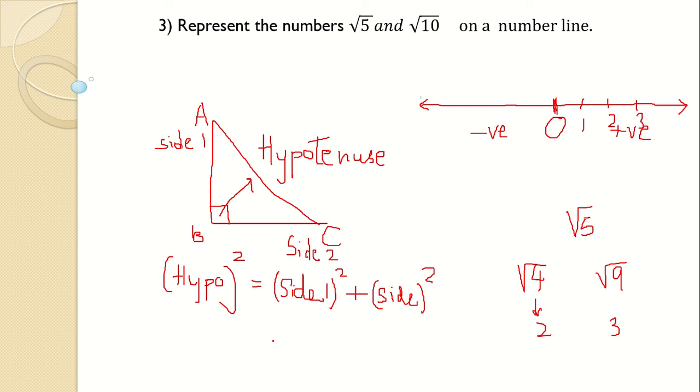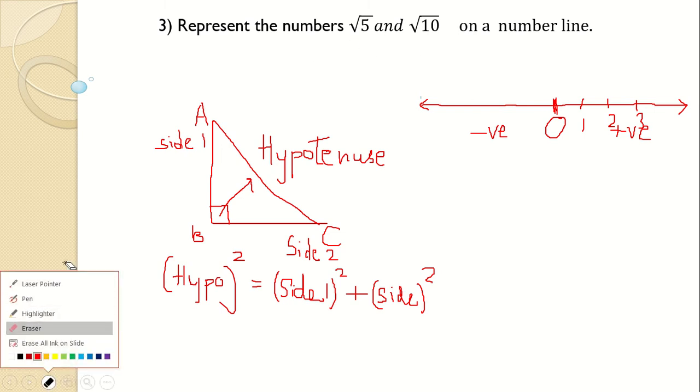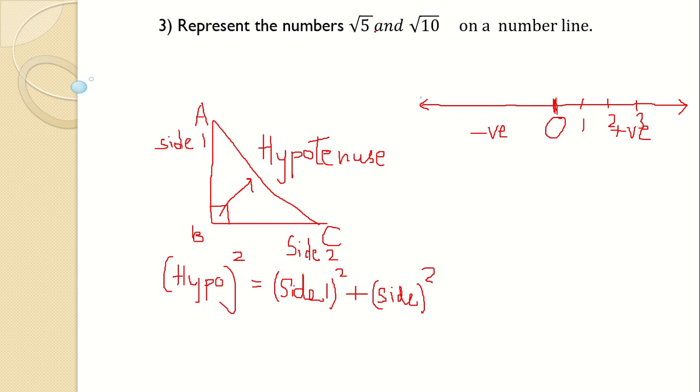Now in order to plot this root 5, we are going to take help of Pythagoras theorem. Whatever number we want to plot on the number line, root 5 or root 10, that should be my hypotenuse. If root 5 is my hypotenuse, then what should be my sides?